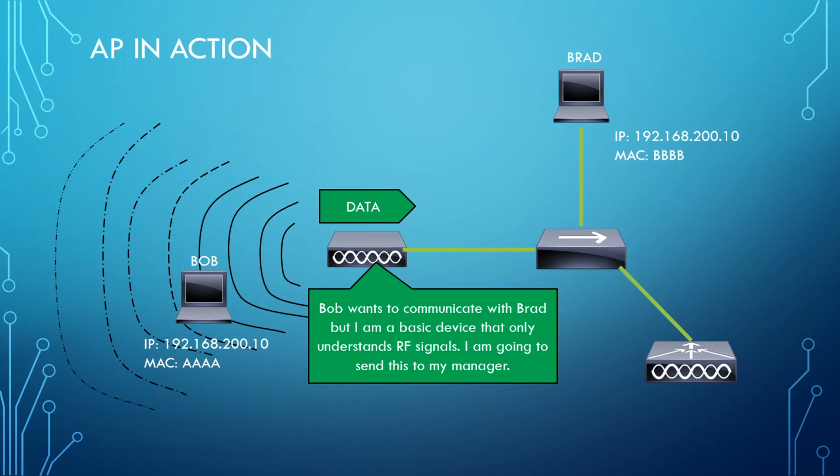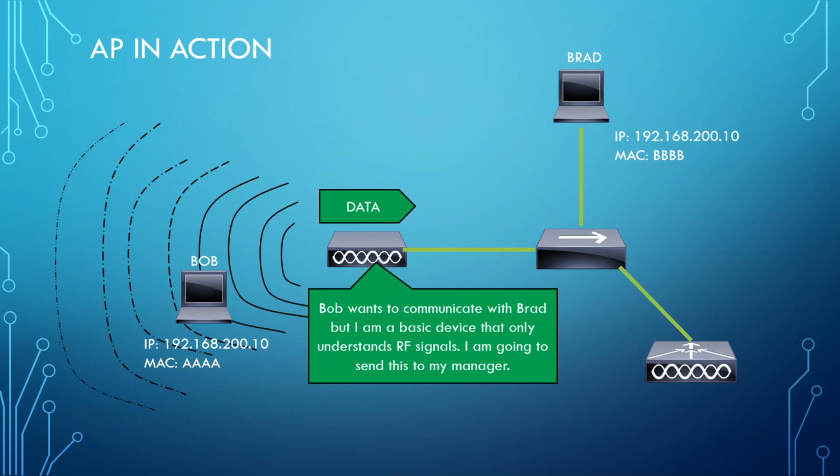Now, the access point knows, okay, I'm very limited in my function. I know that I can send and receive RF signals, but I'm not programmed to bridge wired to wireless. I don't know how to reach Brad, but I do know that my manager, the wireless LAN controller, will know how to reach Brad. So I'm going to send this data over to the wireless LAN controller.